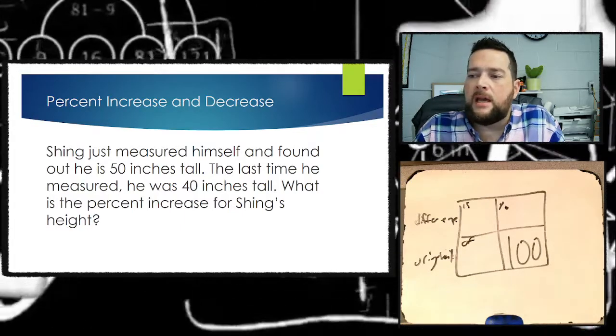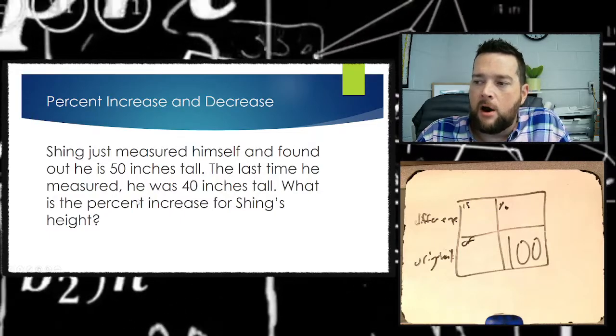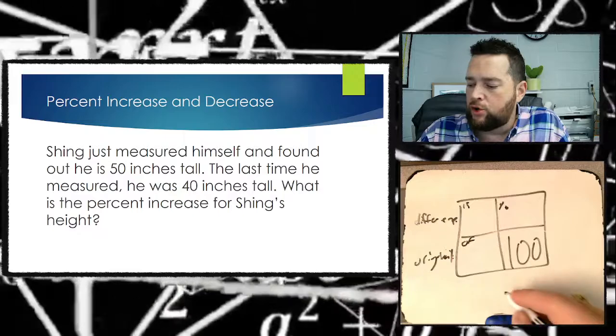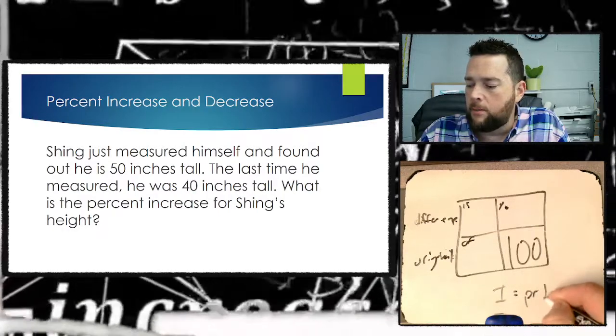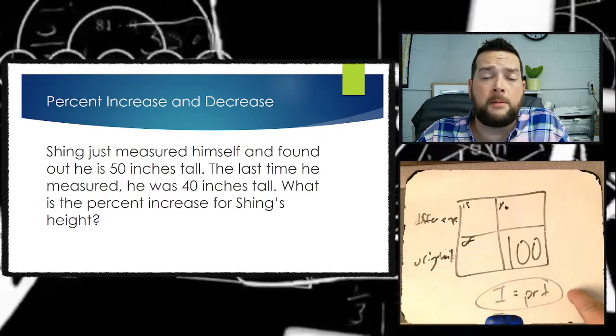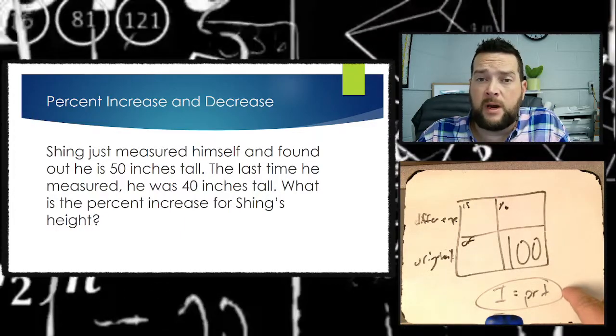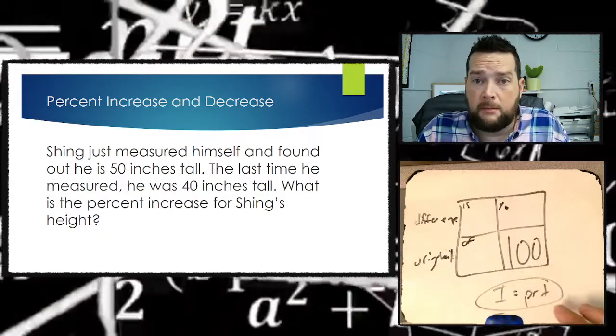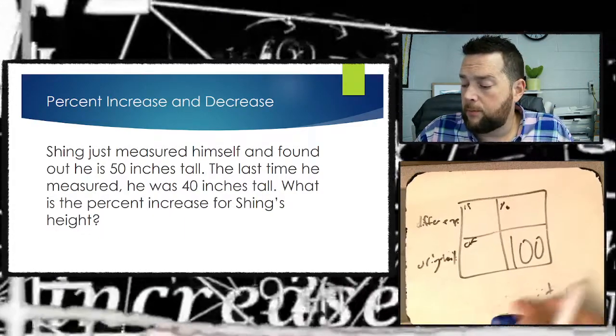Well, we see the word percent, and I don't see the word interest inside the problem. By the way, interest gets a special formula. If you are looking for a simple interest explanation, you can find that under my link for all my videos. So you'll be able to find the video for simple interest.